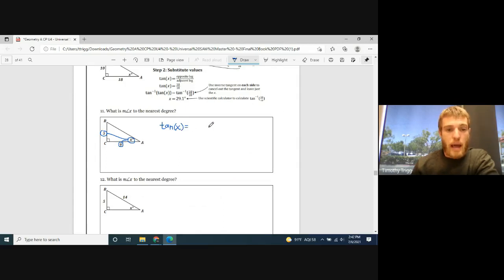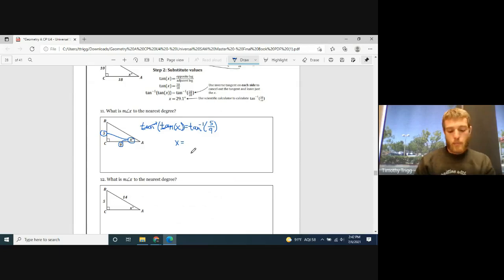I'm going to leave a little bit of gap here. Opposite over adjacent, so that's 5 over 9. Hopefully you remember how to get rid of tangent: use tangent inverse. Each trig function has its own inverse. So you do tangent inverse of 5/9. Tangent and tangent inverse cancel, leaving you with just x on the left.